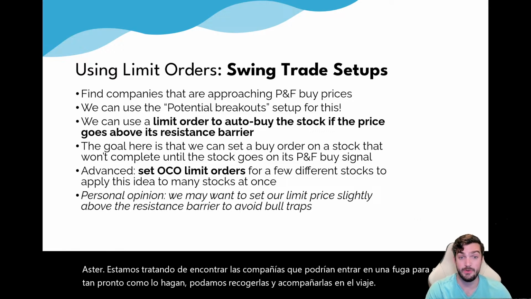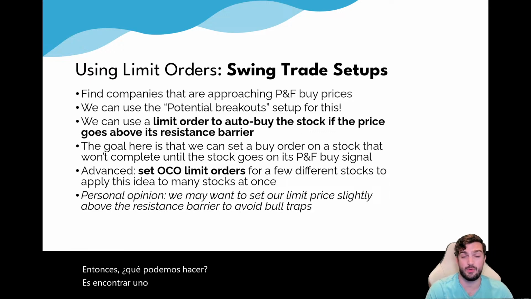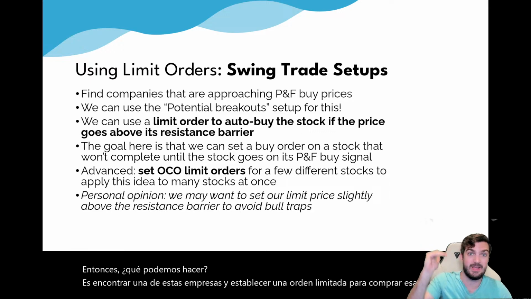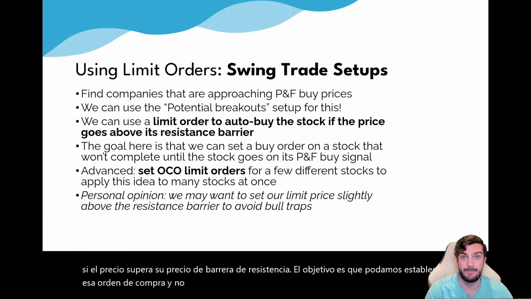So what we can do is find one of these companies and set a limit order to buy that stock if the price goes above its resistance barrier price. The goal is that we can set that buy order and it won't complete until that buy signal happens.